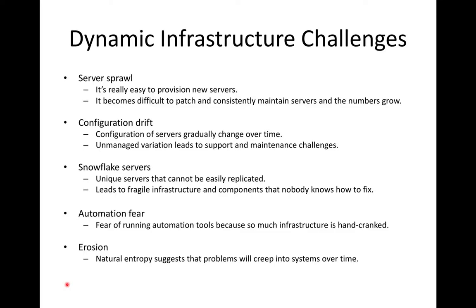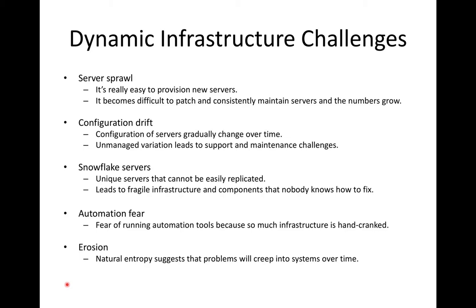So let's review once again some of the challenges that we encounter when we're dealing with dynamic infrastructure. And this is cloud-based infrastructure that we build using an infrastructure definition tool. Well, one of the challenges that we can experience with dynamic infrastructure is server sprawl. It's really, really easy to provision new servers in the cloud.